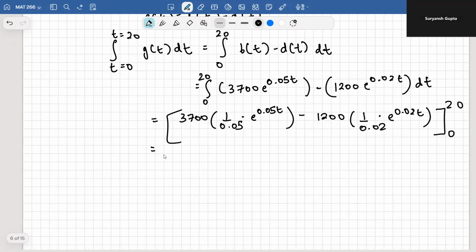Or before that, I can also simplify it even further because I can find the value of 3700 divided by 0.05 and the value of 1200 divided by 0.02.